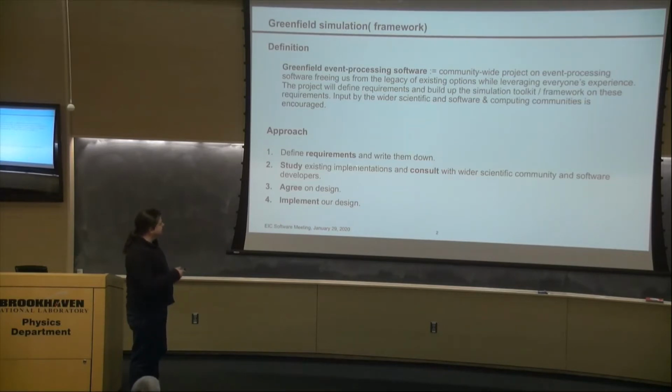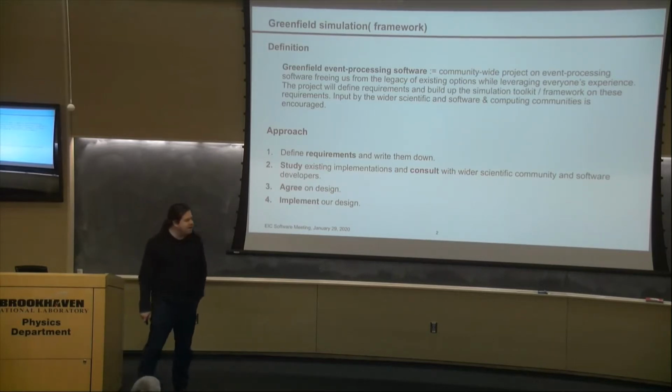When we know what we want to do and think we have a good idea about what is available and what is done, we would like to agree on the design and then eventually implement that.